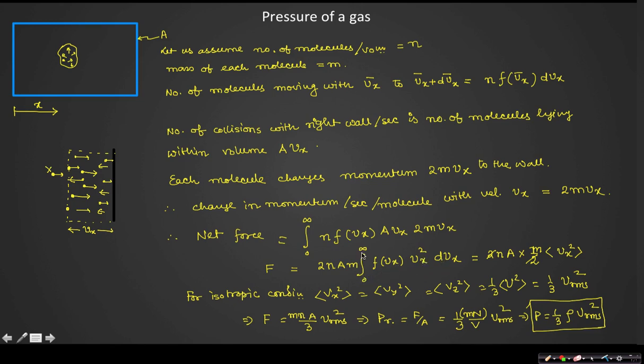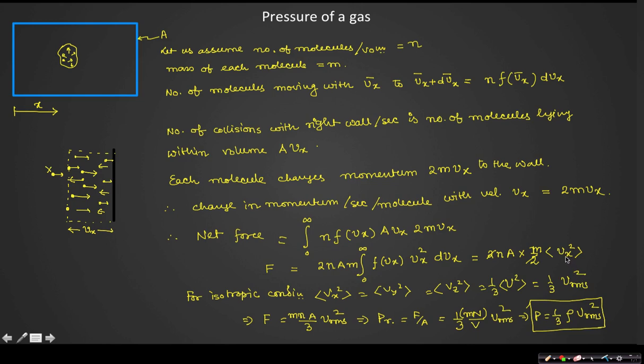If you recall, in the last slide we mentioned this as the RMS value in one direction, that is the average of Vx square, and I mentioned that the average of Vx square is equal to the average of Vy square is equal to the average of Vz square, and that is equal to 1/3 of the average of V square, or that is 1/3 of Vrms square.